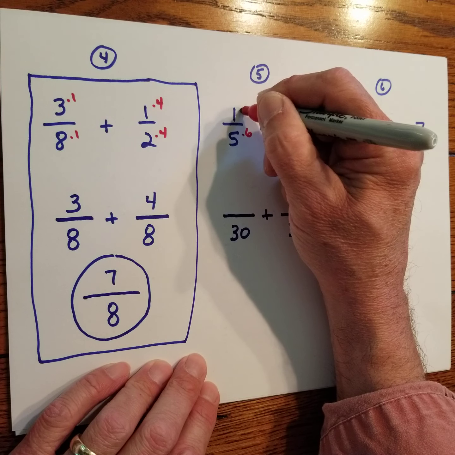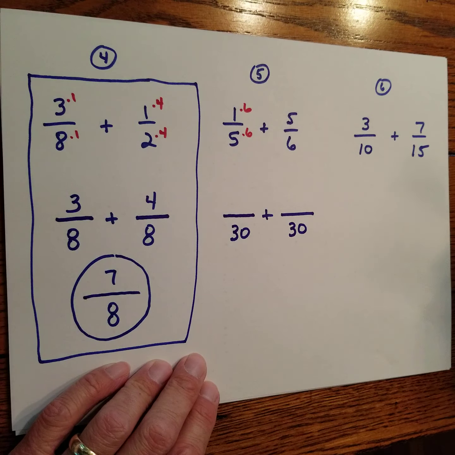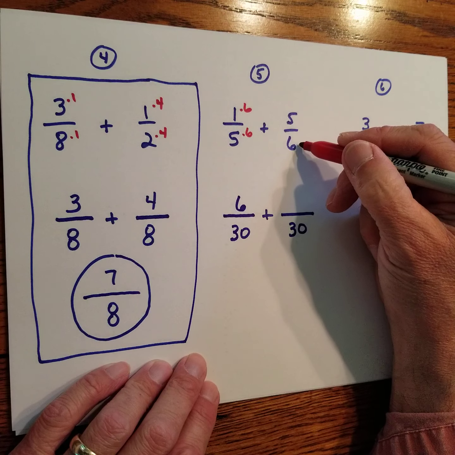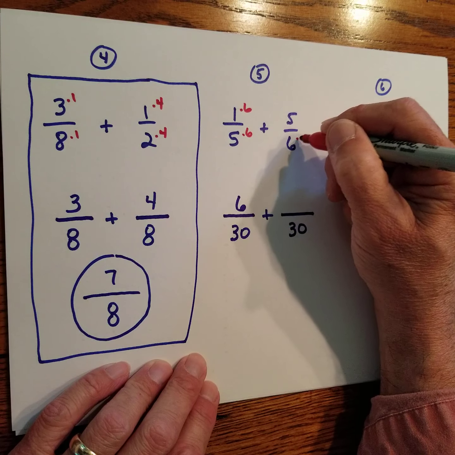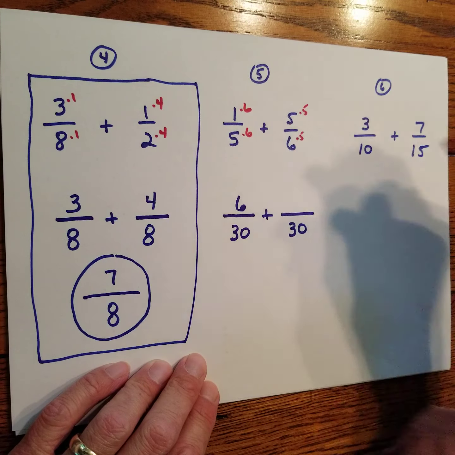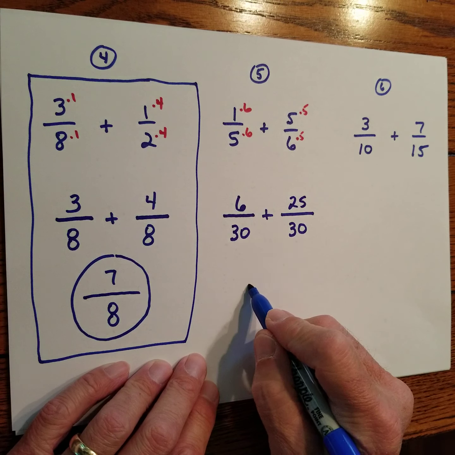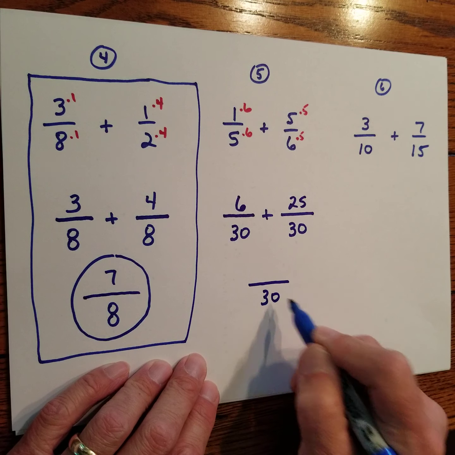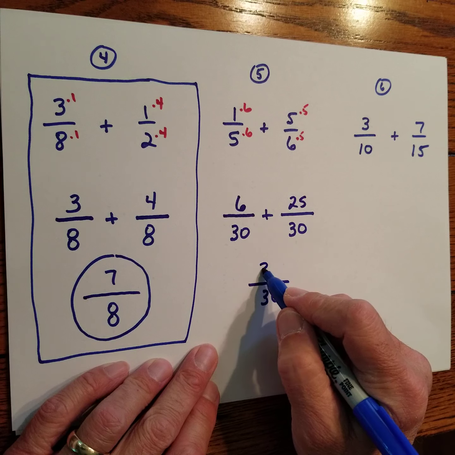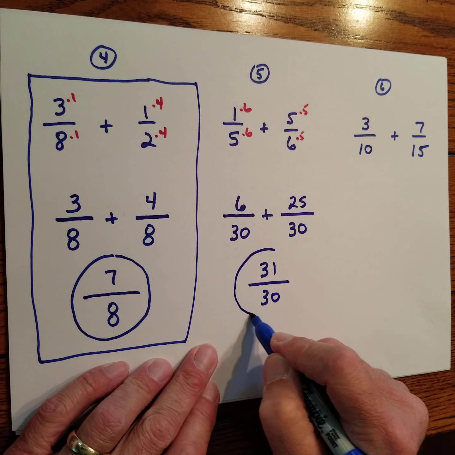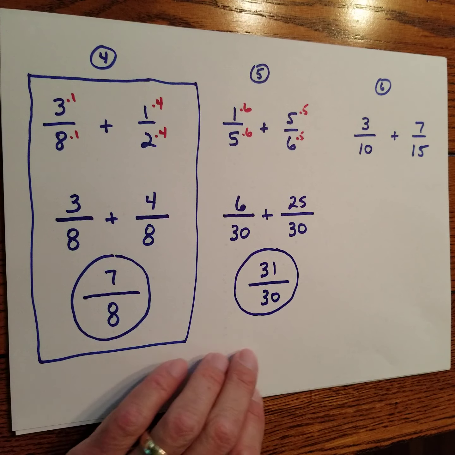Is 6. Multiply the top by 6. And what do you multiply times 6 to get 30? Is 5. Multiply the top by 5. Now keep that common denominator and add 6 plus 25 is 31. 31/30ths, a good final answer for number 5.